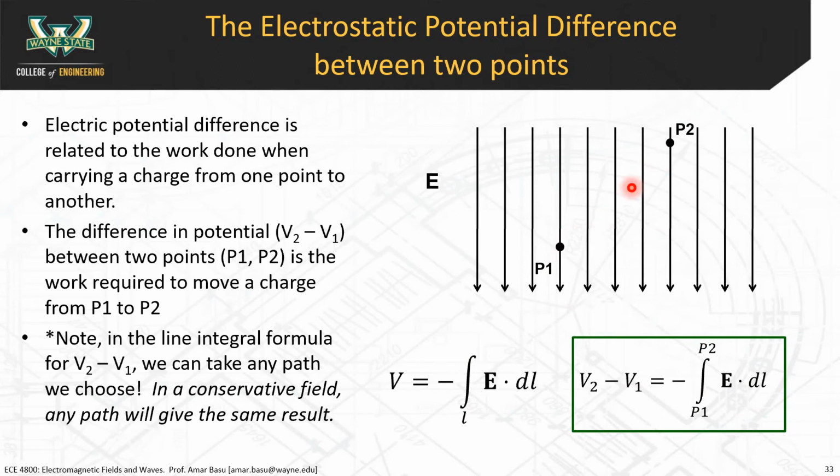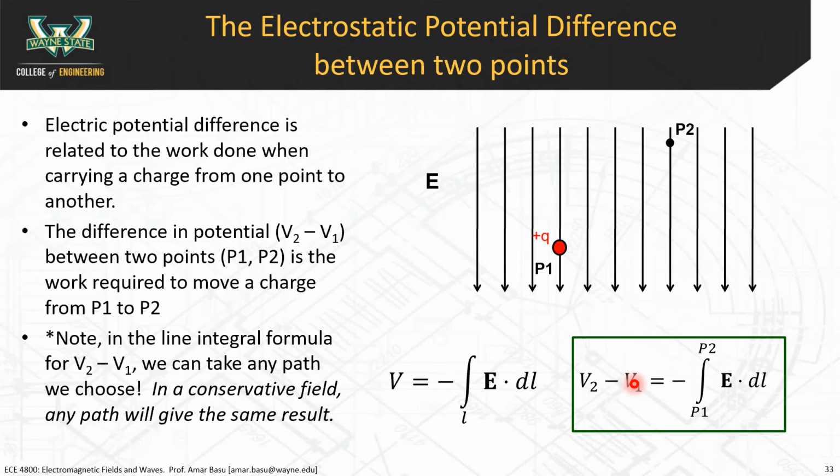So we have to put work into the system. So point 2 is going to have a higher potential energy than P1. Okay? All right. So we take the integral from P1 to P2 of E dot dl, imagine taking a line like this, and that will give you the difference of potential between V2 and V1.